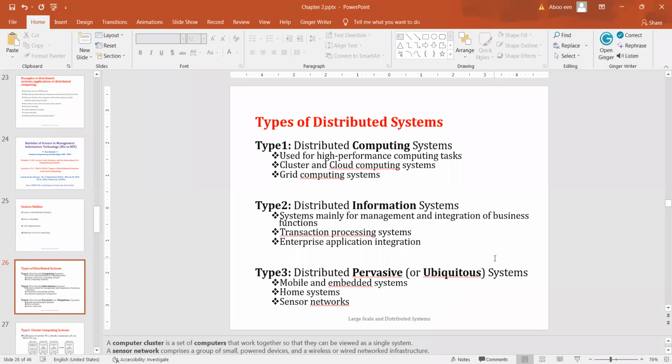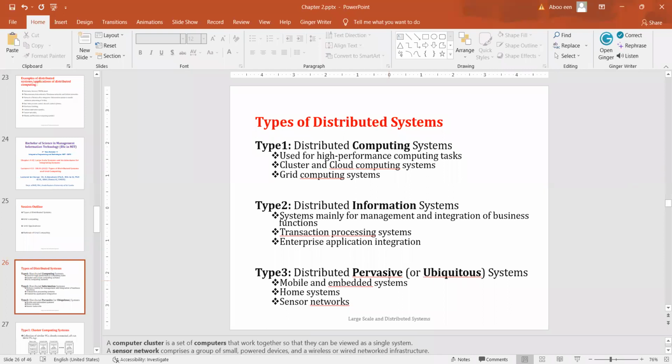So in smart factories or hospitals, in the healthcare sector, they have this as a sensor network to transfer the data. Okay, so these are the three major categories of distributed systems.